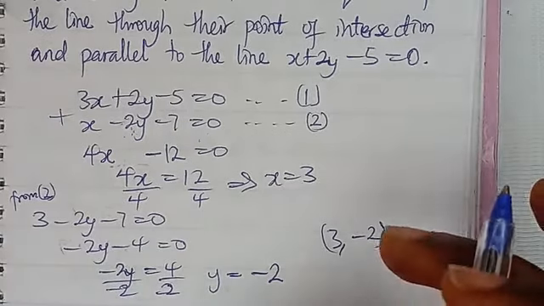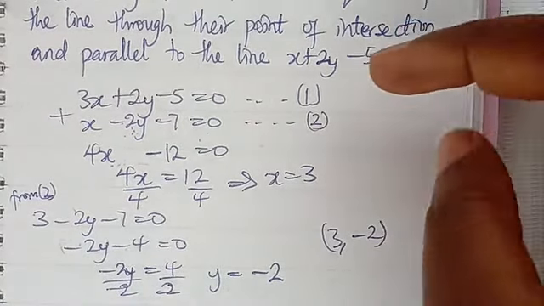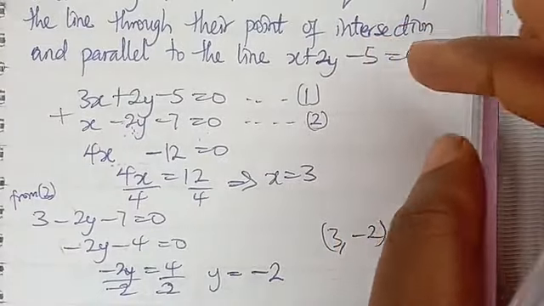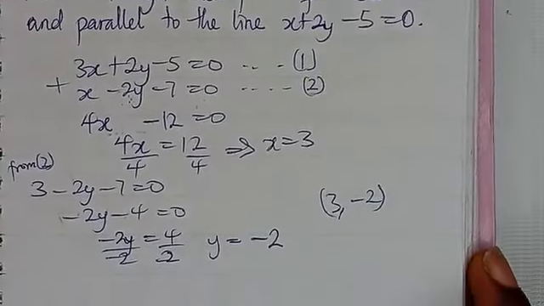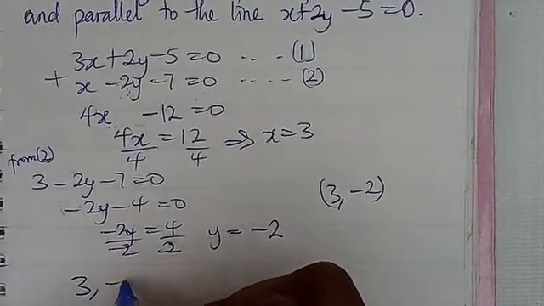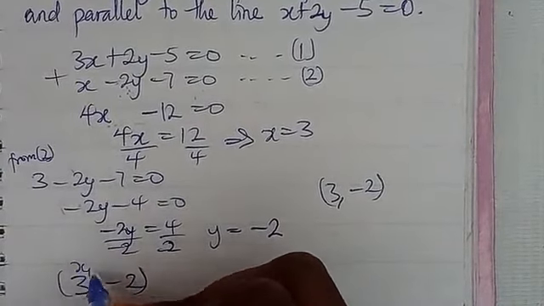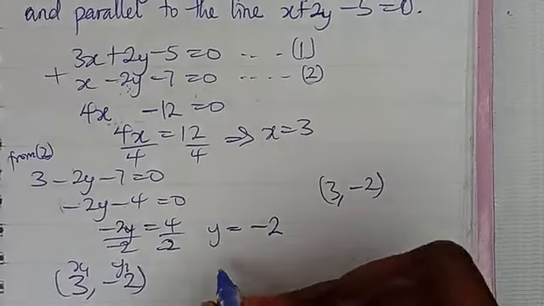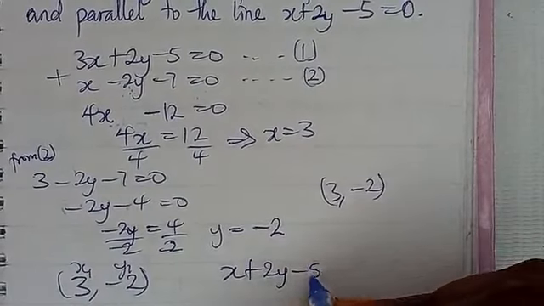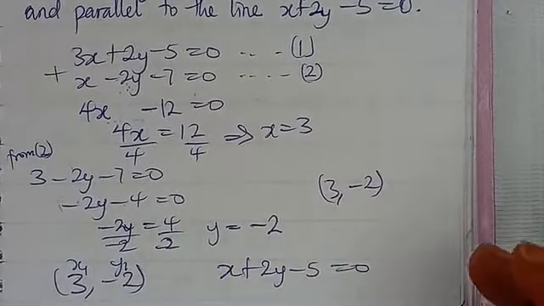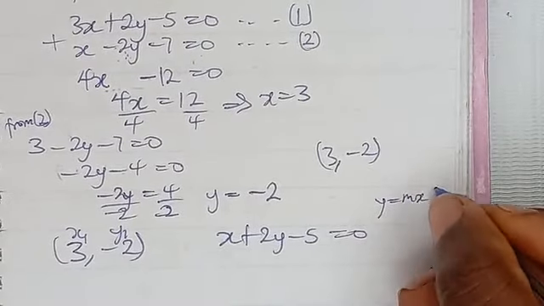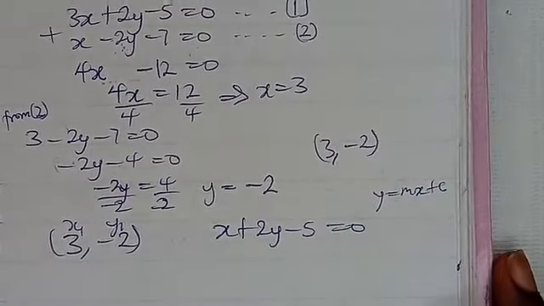With this point of intersection, now let us solve for the parallel line. We have the point (3, -2), and we name it x1, y1. The equation we are interested in is x + 2y - 5 = 0. Now let's rearrange this equation to be in the form y = mx + c.